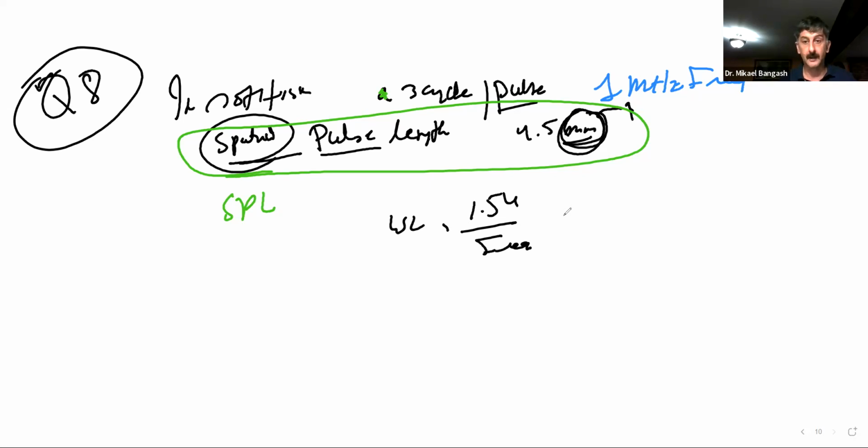So 1.54 divided by 1, which means your wavelength is 1.54 millimeters.